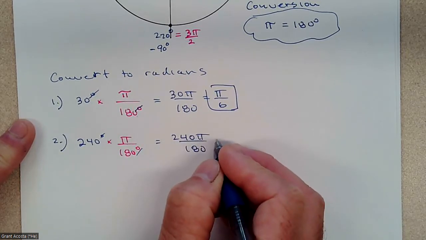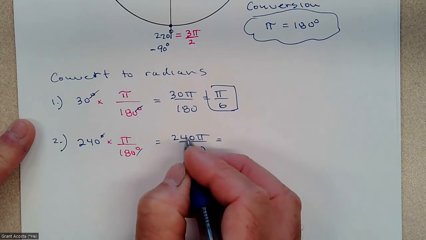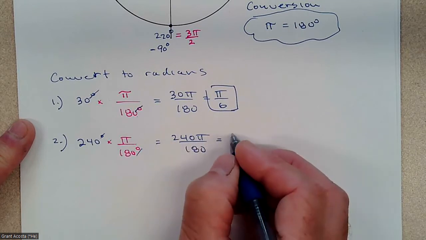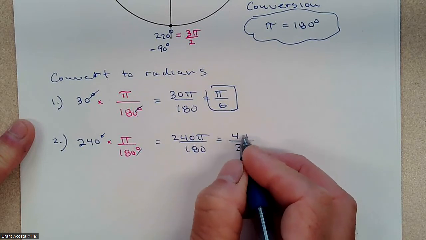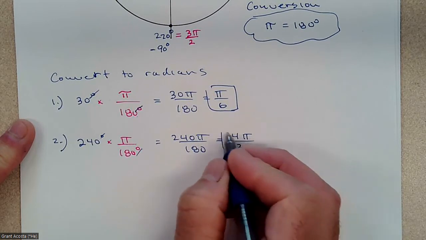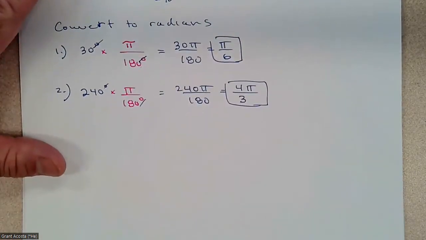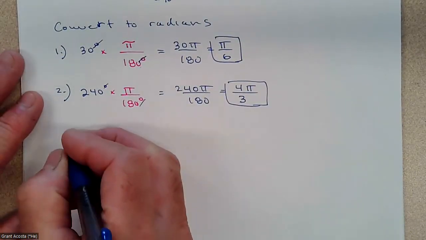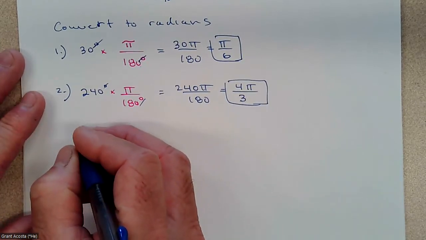I just need to reduce that fraction. 60 goes into both of those. 60 goes into 240 4 times and into 180 3 times. So in its reduced form, 240 degrees is the same as 4 pi over 3. So that's how you convert from degrees to radians.